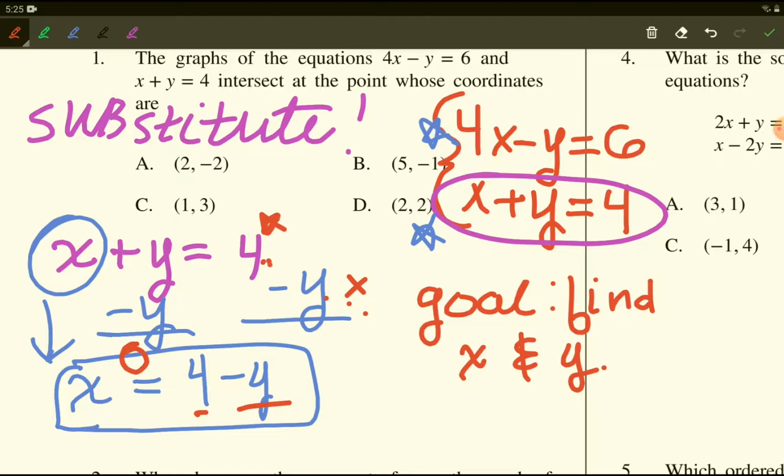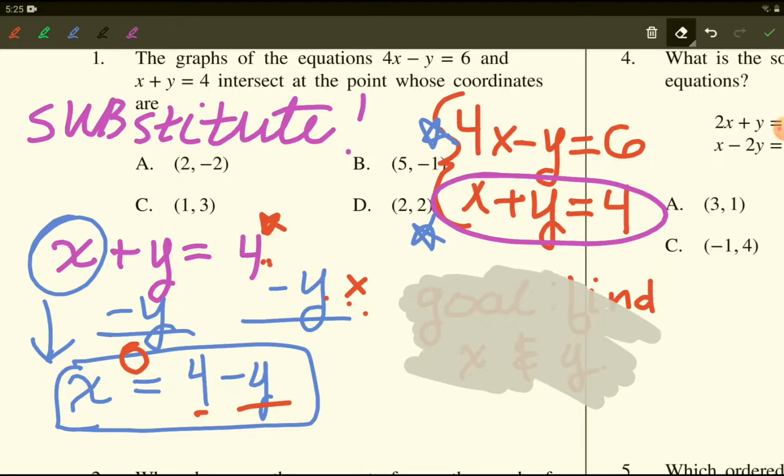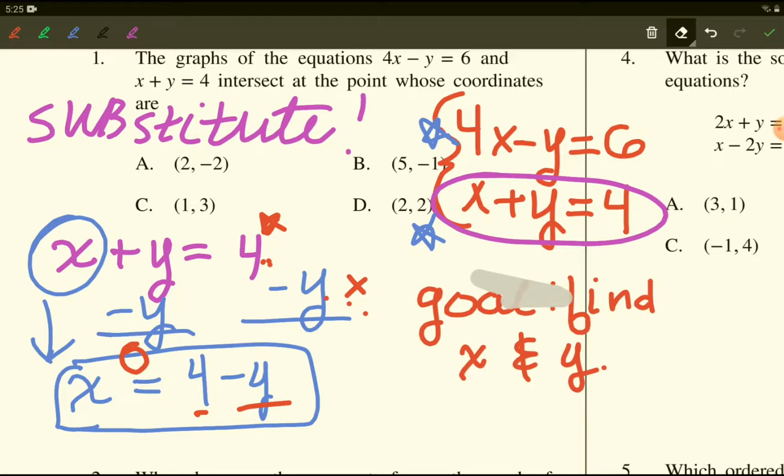So what I'm going to do now, because remember the goal is to find two answers, x and y. Aren't you erasing? Oh my gosh, it's not erasing. Okay.